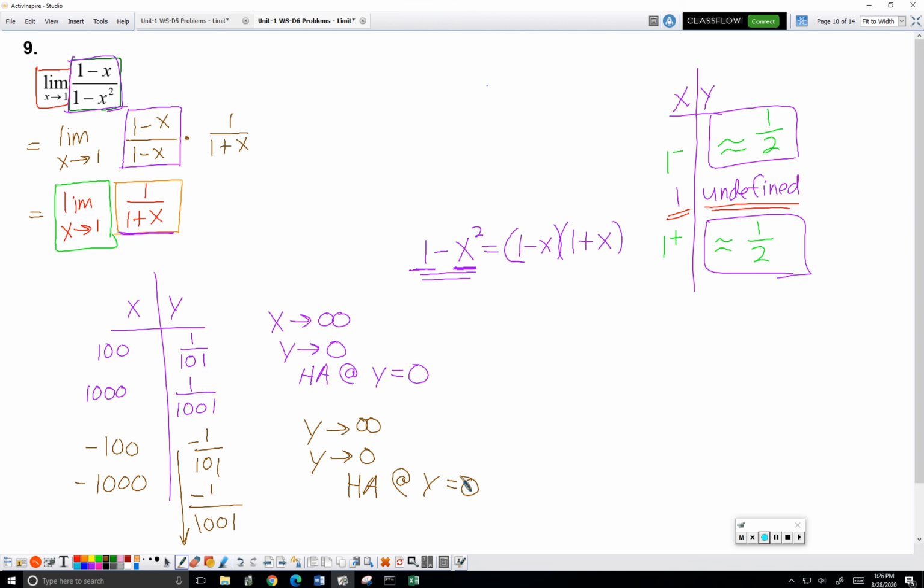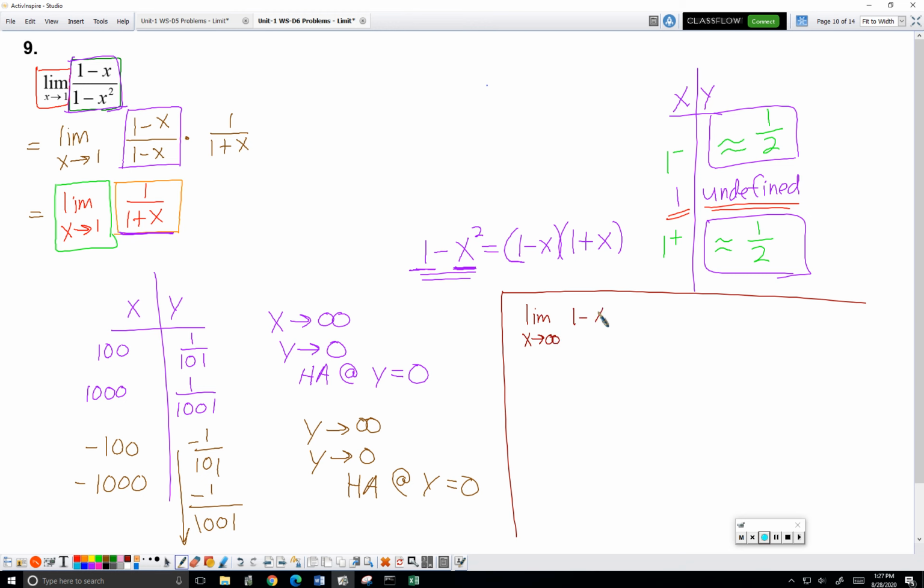Could you try, could you do your highest power consumption as well? Could you do that sometime? Sure, you want me to write it out? Yeah. So if I do that, I'm going to be finding instead, the limit as x approaches infinity of my formula.